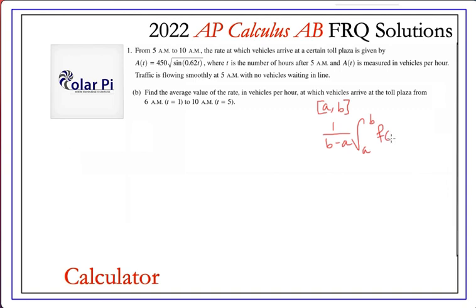In this case, we're going to write 1 over 5 minus 1, so that's 4, so 1 over 4, times the integral from 1 to 5 of A of t dt.